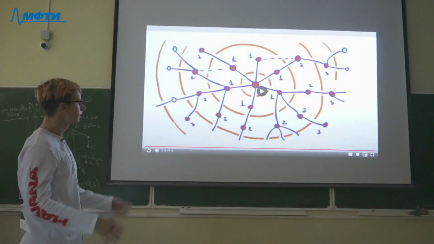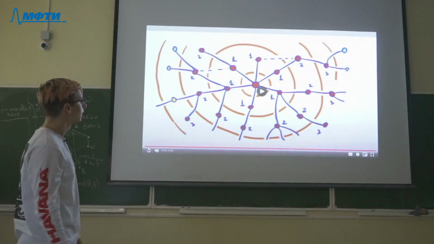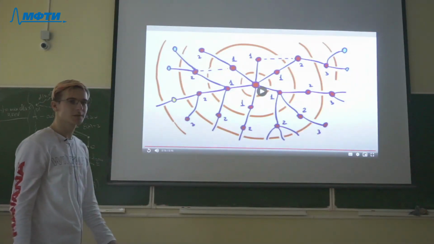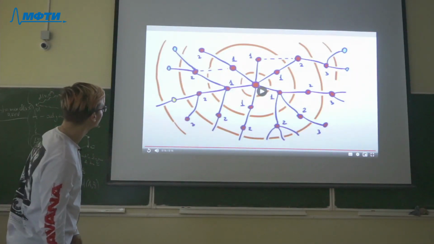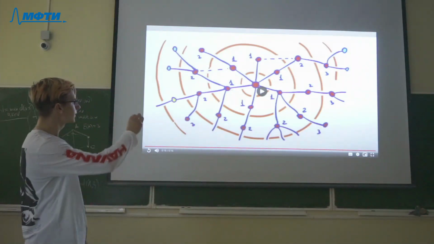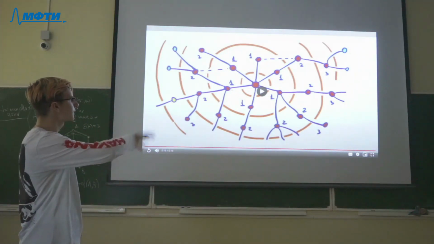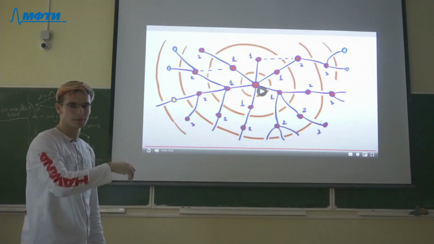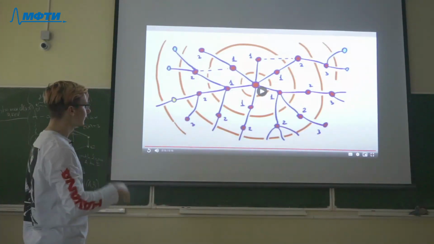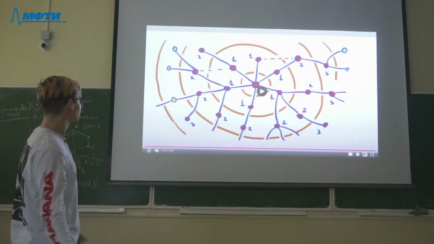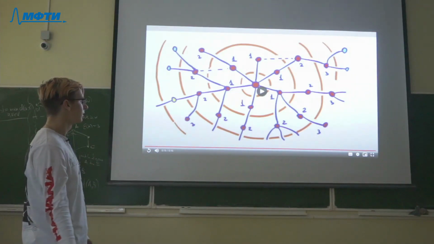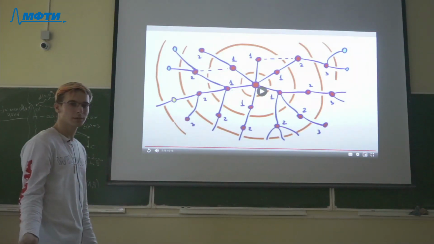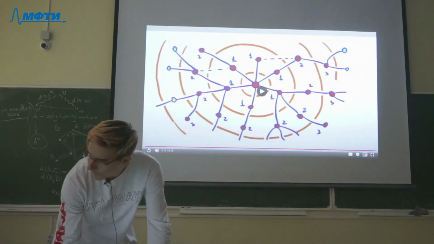Then when Q is empty, it means that we know the distance from the start vertex to all vertices in this connected component, and we know which vertices are in other connected components, of course.